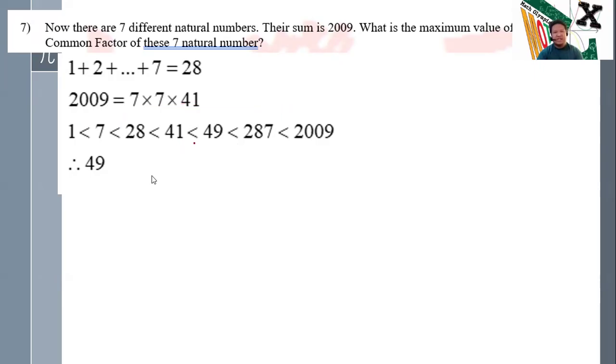As you can see, we're trying to find the highest number that could be the greatest common factor among them. If we use 2009 as one of them, that will be quite big, because we cannot add anything after that. If we use 287 or multiples of 287, that will become very big, right?